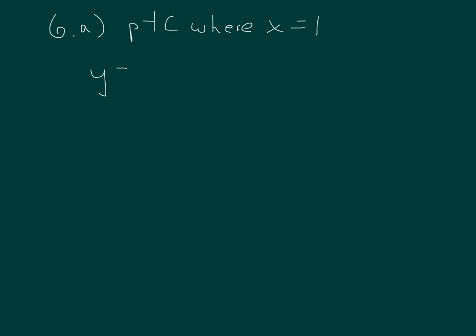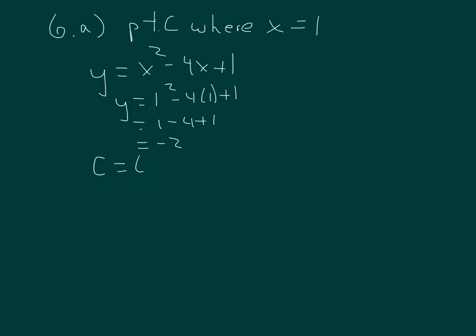So if we have this function, I think that the wording may just be making it seem harder than it is, especially for this question, because all they're asking us to do is substitute in 1 for x and calculate y. So that point C then would have the coordinates 1, -2, like that, okay?